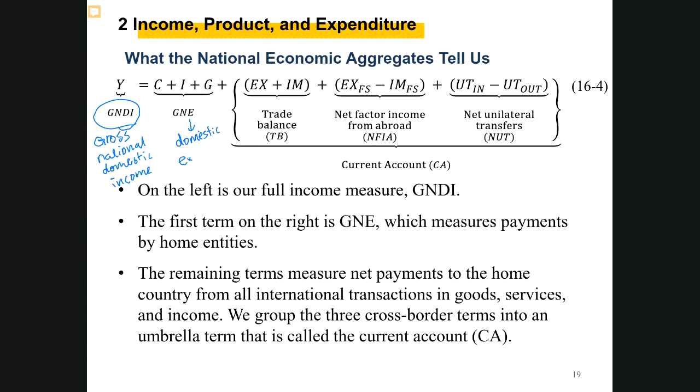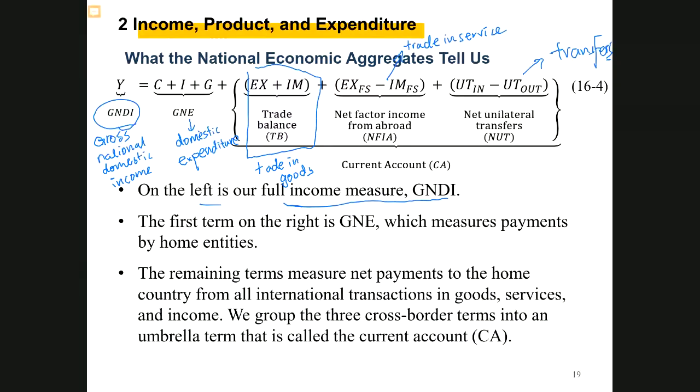Consumption, investment, and government spending, domestic expenditure. And this one is trading goods, trading services. That's it. So on the left, it's our full income.